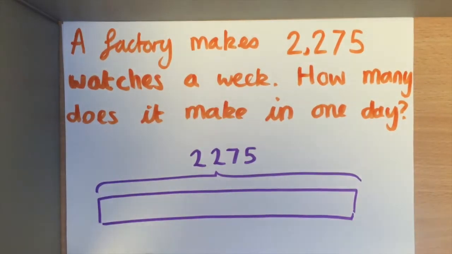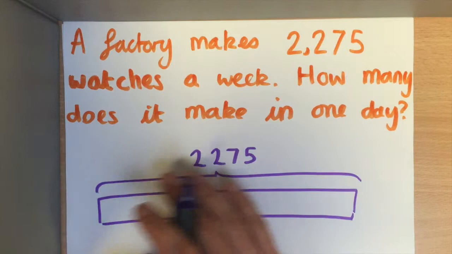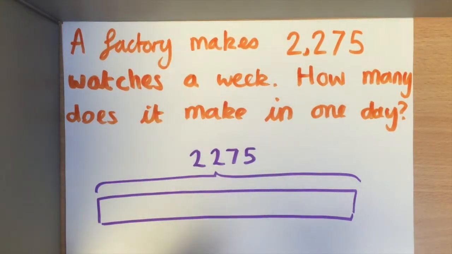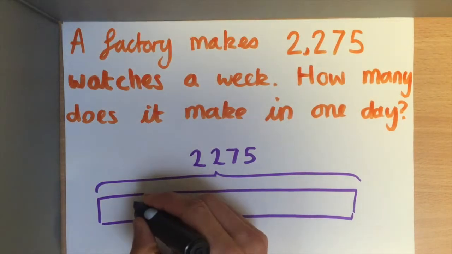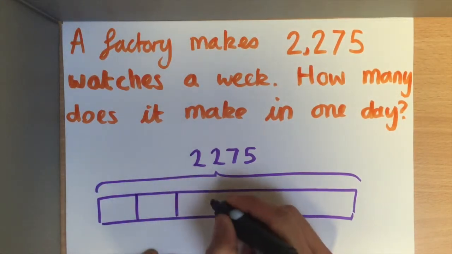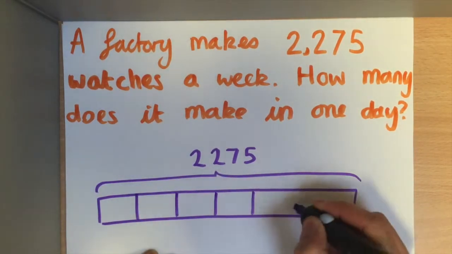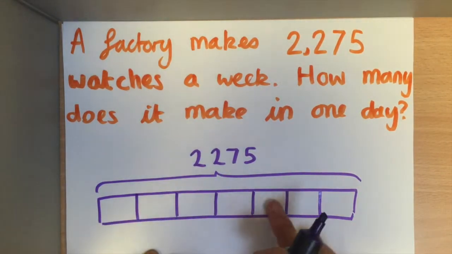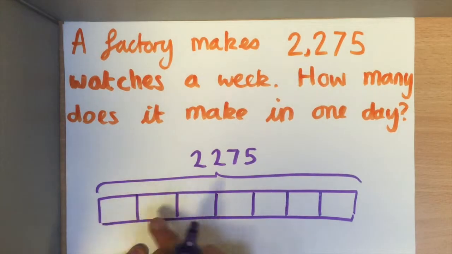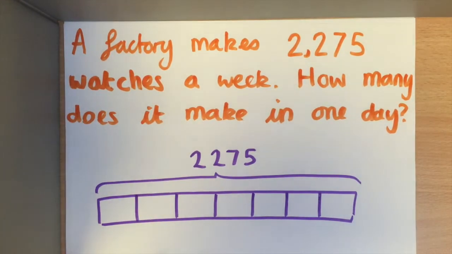Now I'm just going to draw this out roughly. It doesn't matter too much that my boxes aren't perfectly even. It's just so I can visualize the problem. So 2,275 watches made over 7 days: 1, 2, 3, 4, 5, 6, 7. Each of these represents a day.